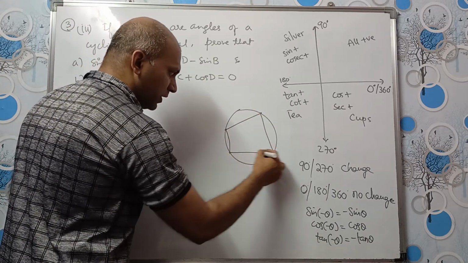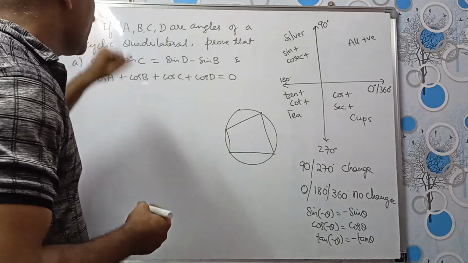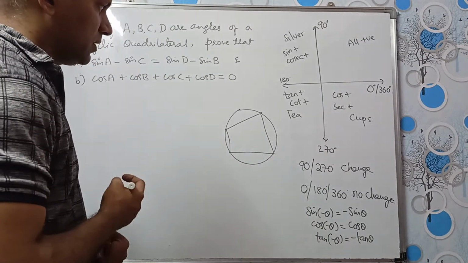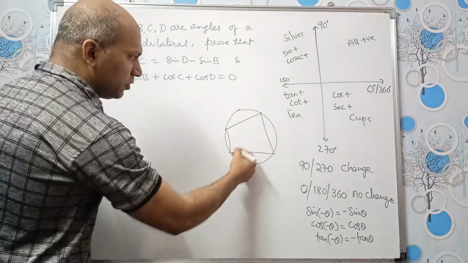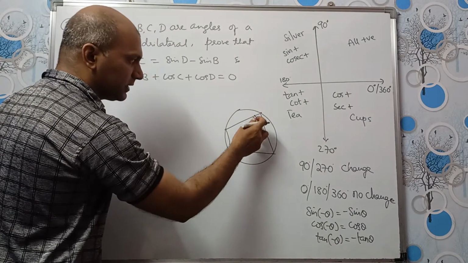If we join these points, a quadrilateral is formed, right? So such a quadrilateral is called a cyclic quadrilateral. Now, one property of this quadrilateral is that the sum of the opposite angles will be 180 degrees.